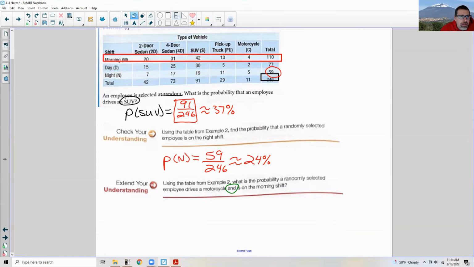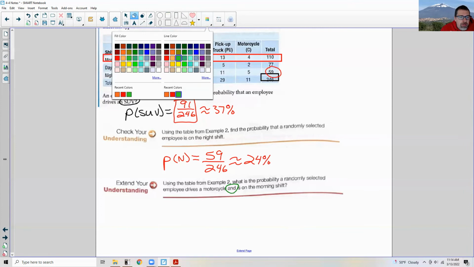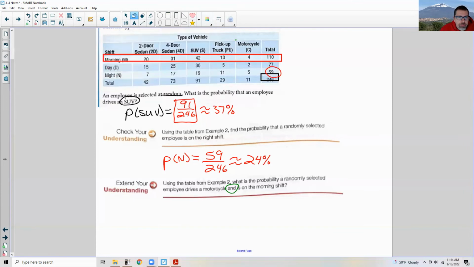And drives a motorcycle. So we're looking at this. All right, so all we have to do is take a look at where those two intersect, which is right here. So there are 4 people on the morning shift who ride motorcycles out of the total.